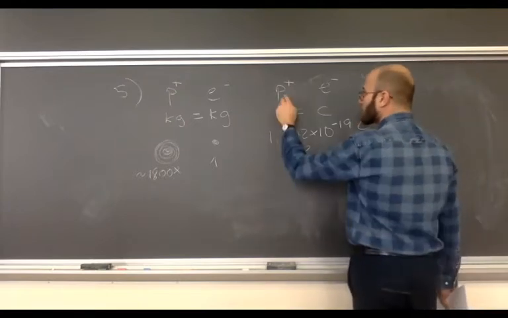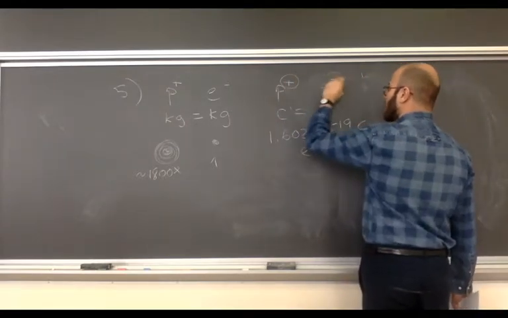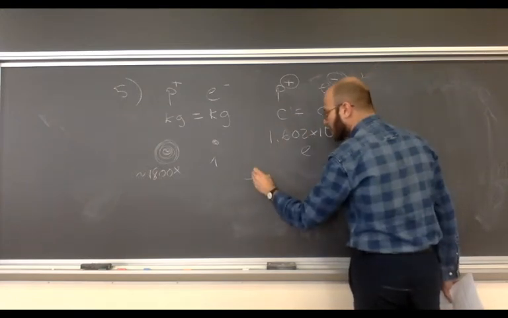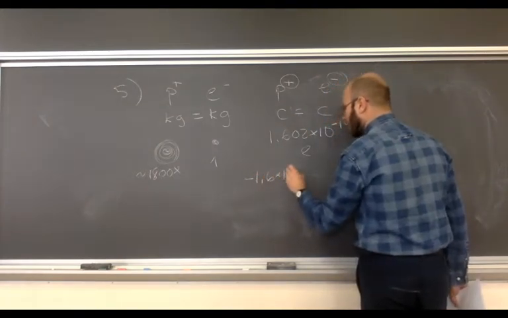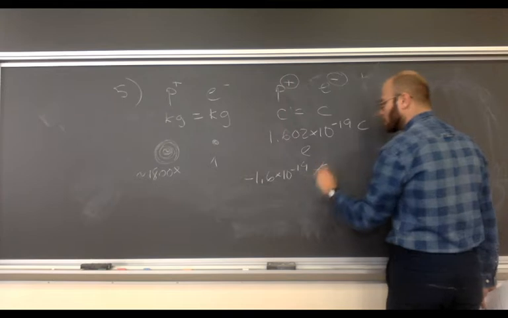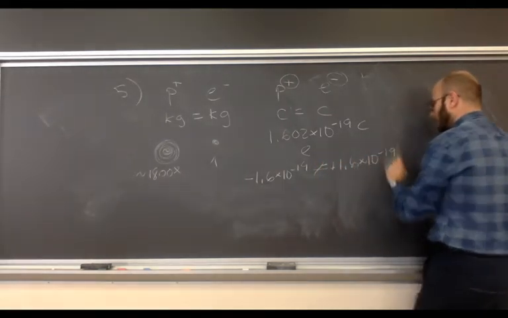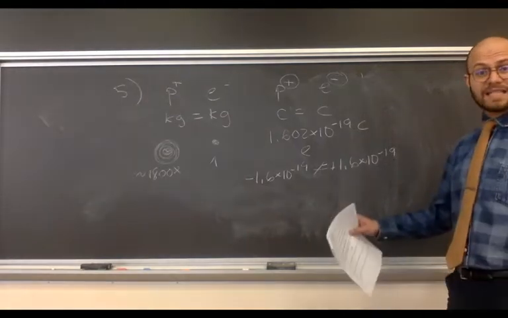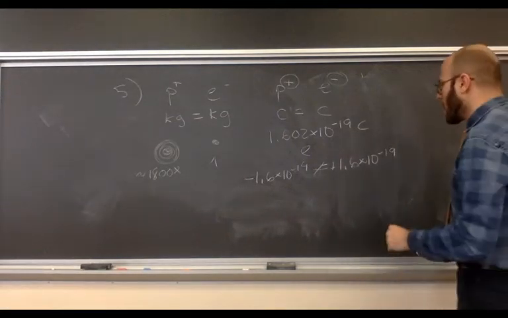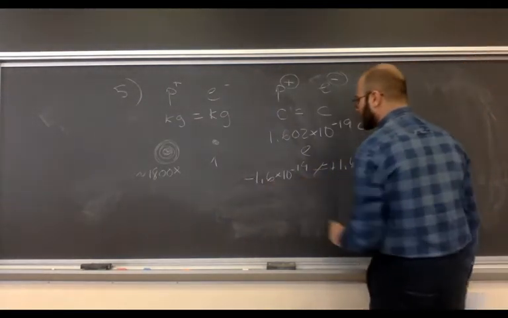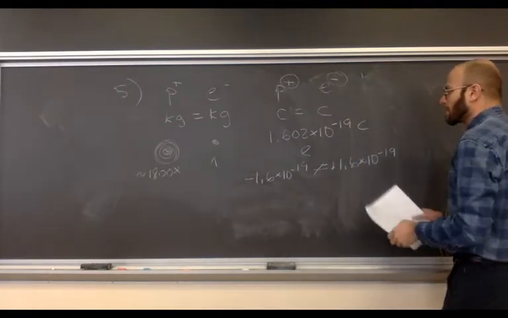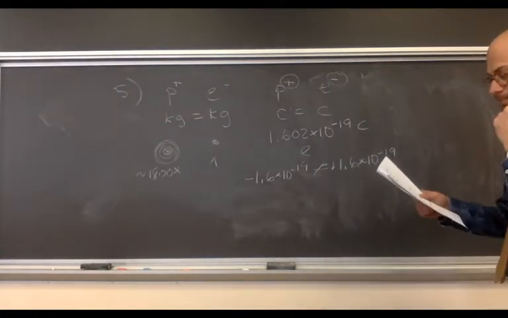But we do know that the proton is positive and the electron is negative, and thus negative 1.6 times 10 to the negative 19 is not equal to positive 1.6 times 10 to the negative 19. The magnitudes are the same, right? The size is the same, that extensive measure, but essentially the value is different there. So this would have been false as well.